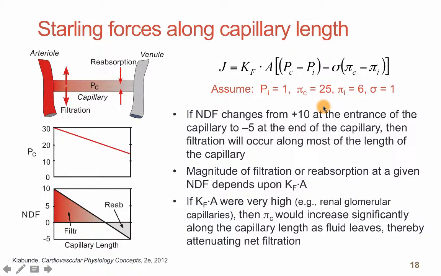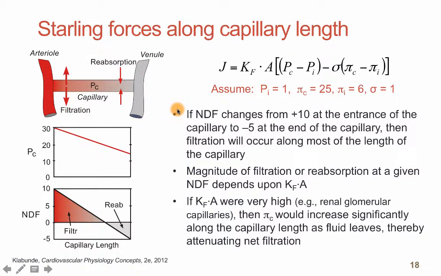This diagram summarizes a lot of what we've just talked about. Here's the Starling equation, which is showing fluid flux is equal to the filtration constant times the surface area, times the net driving force. And I have a model system showing an arteriole giving rise to a capillary and then going into a venule.